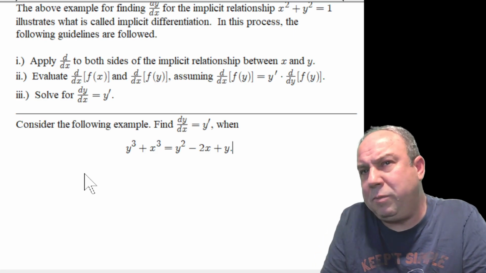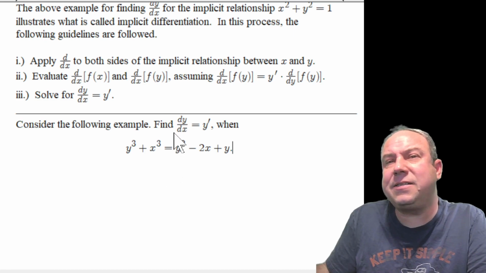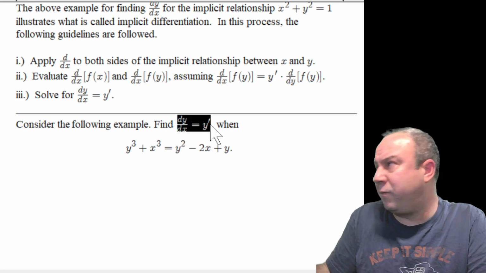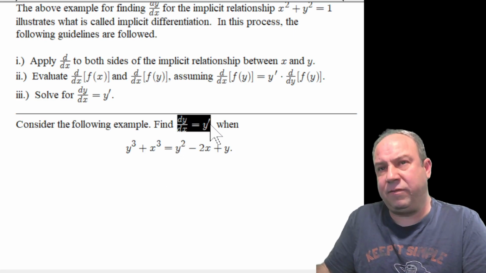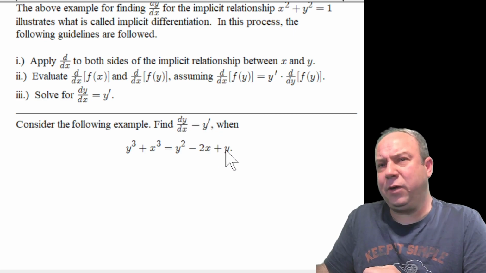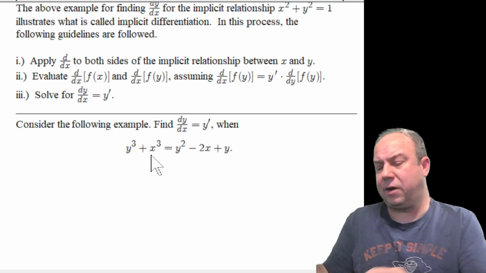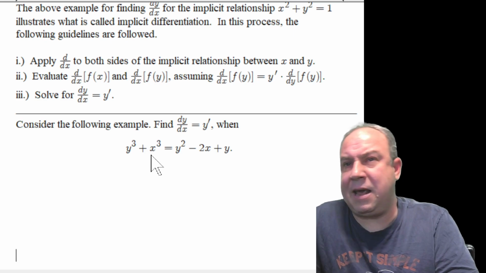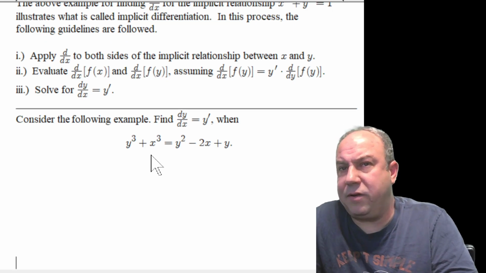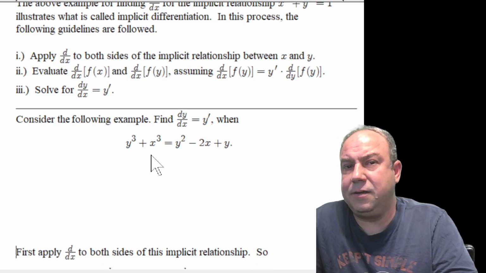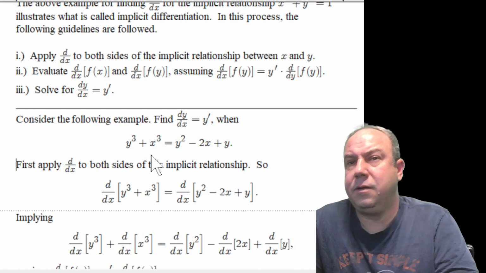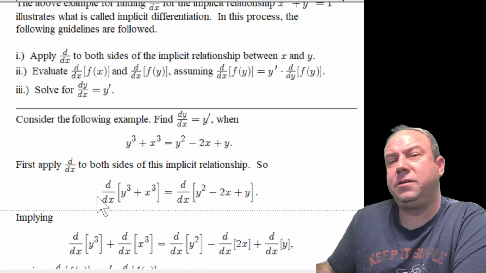The time could be spent finding dy/dx by performing our implicit derivative techniques. And if we can't express this as a function, it will go that direction. So we might as well begin that now. If we apply that derivative operator to both sides, this will be our first result.